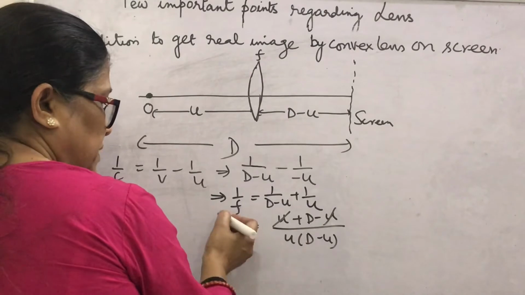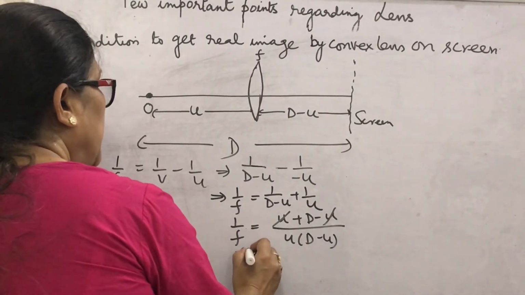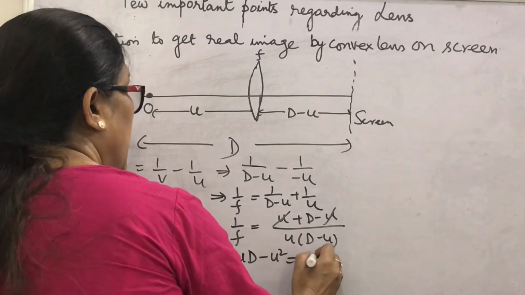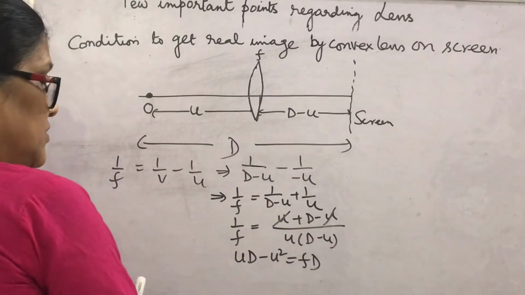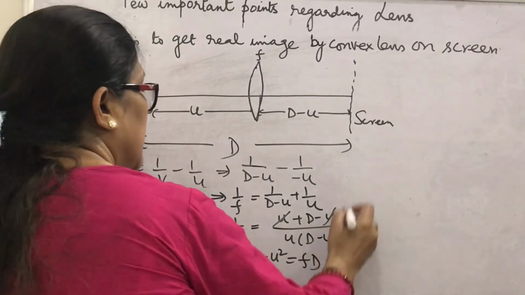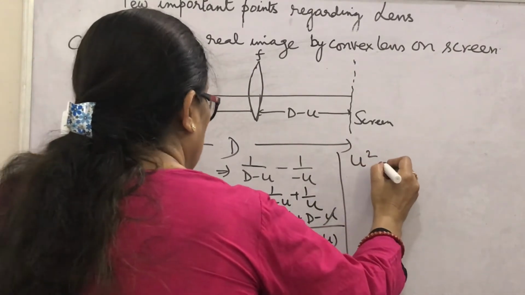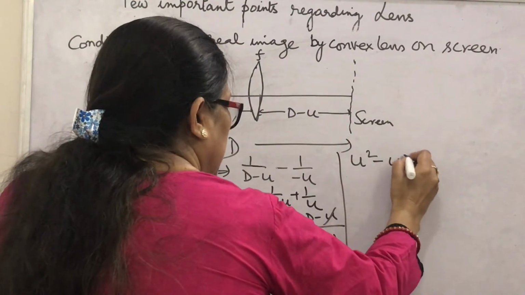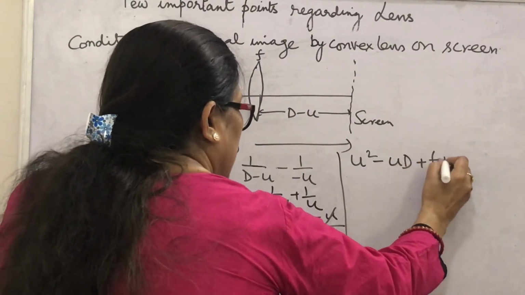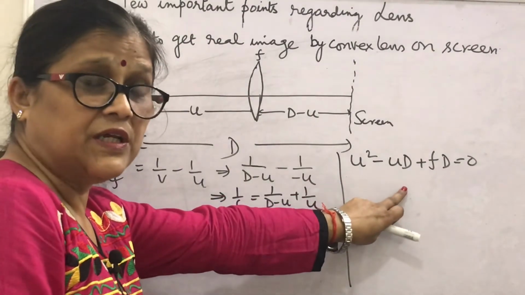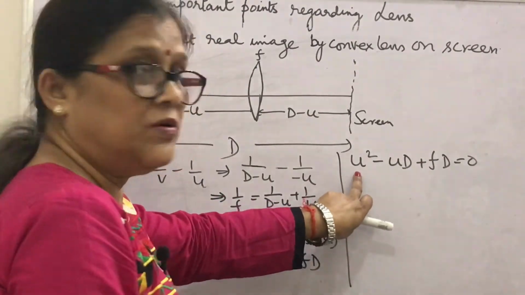Do the cross multiplication. You will get uD minus u square equal to fD. So what will you get? Look here. This is u square minus uD plus fD equal to 0. This is a quadratic equation in u.